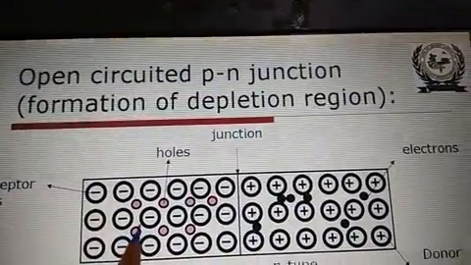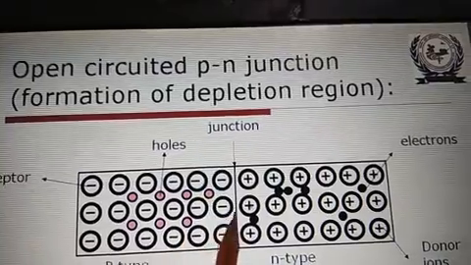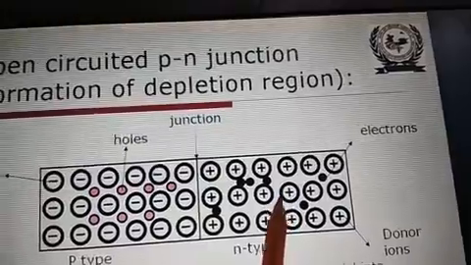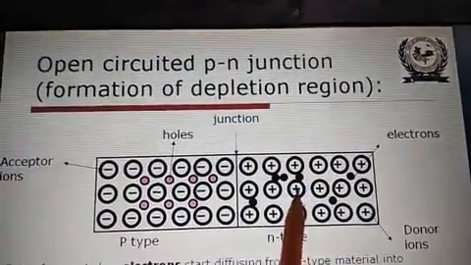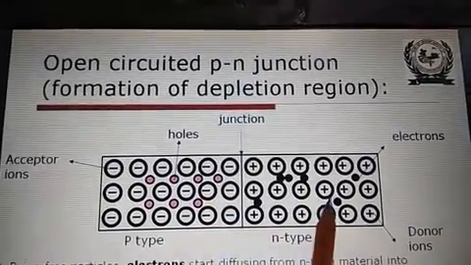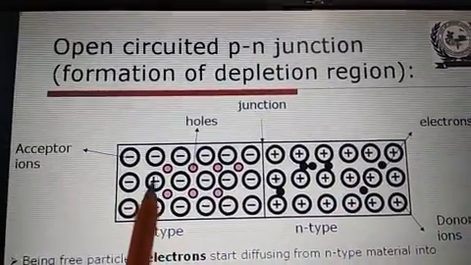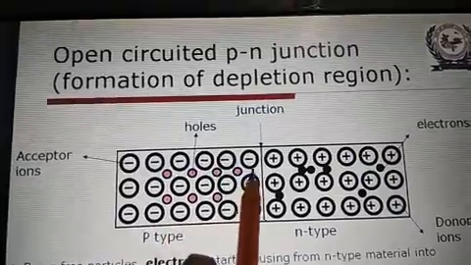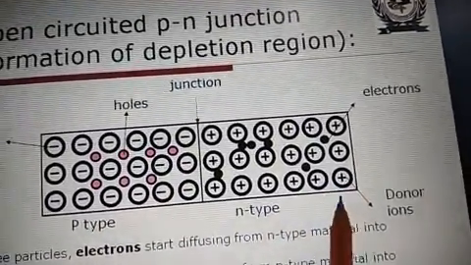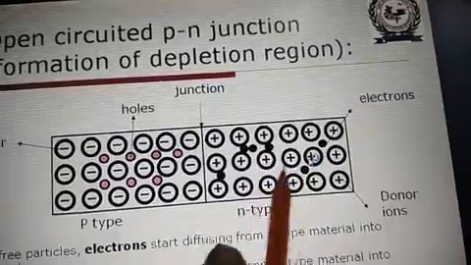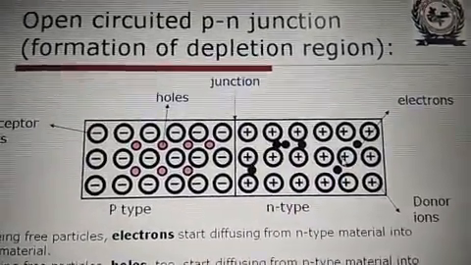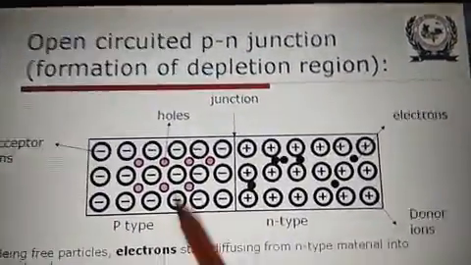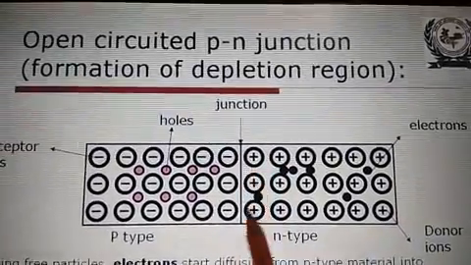Here the majority charge carriers are the holes, while in the N type of material the majority charge carriers are the electrons. This is P and this is N. These are the acceptor ions, negative ions, and these are the donor ions from which the electrons are coming. And this gives the junction. This forms the junction here.